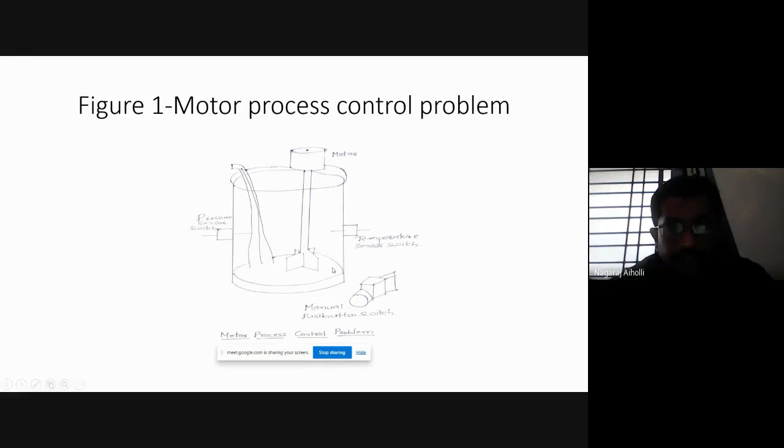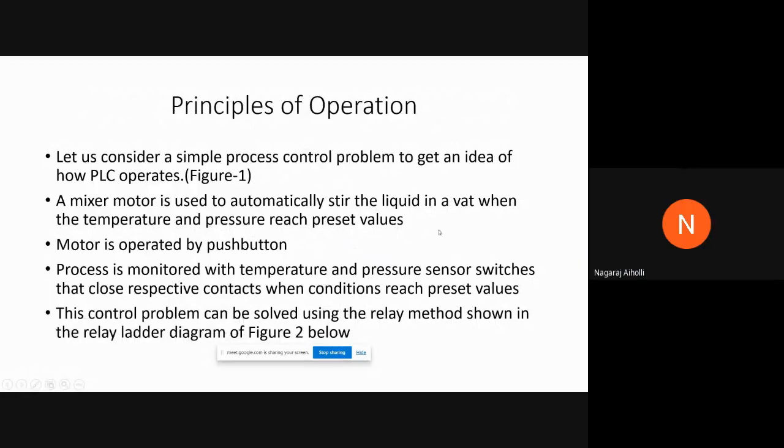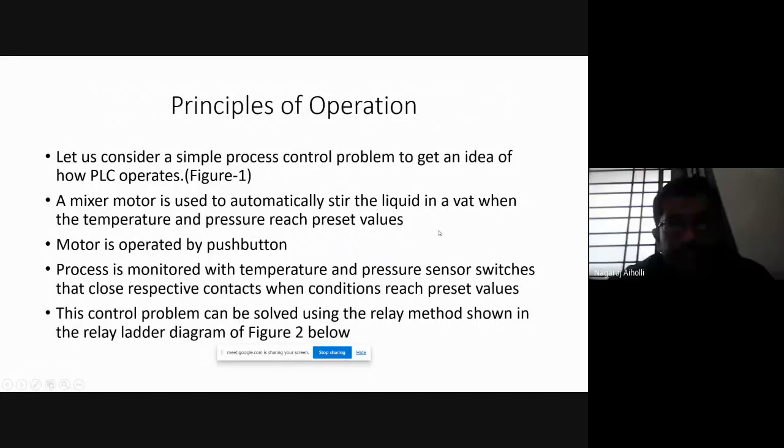Let us try to understand what this motor process control problem is. A mixer motor is used to automatically stir the liquid in a vat, that is, in a container, only if the temperature and the pressure reach their set point value. Only if the temperature and the pressure reach their predefined value, the fixed reference value, will the motor be turned on.